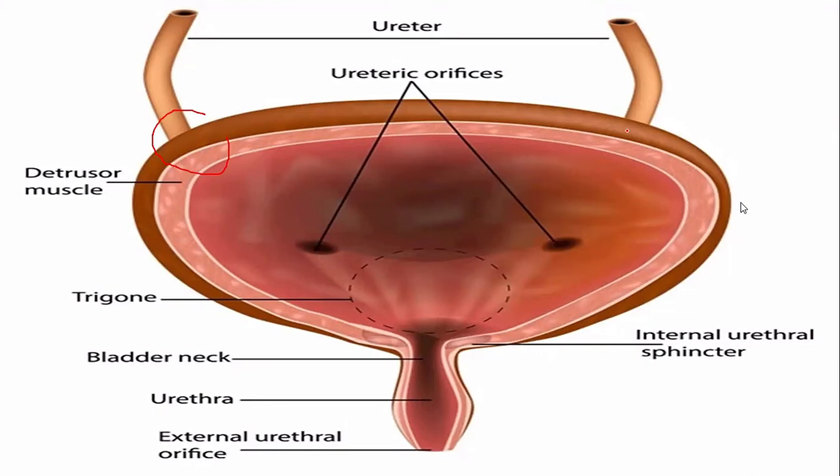the ureter, at its end, actually has a physiologic valve. A physiologic valve versus an anatomic valve: an anatomic valve is one where you really have a valve. For example, in veins, they are going towards the heart, while the arteries are going away from the heart.